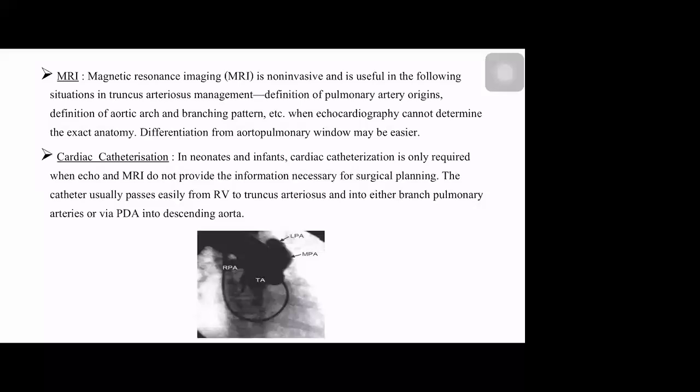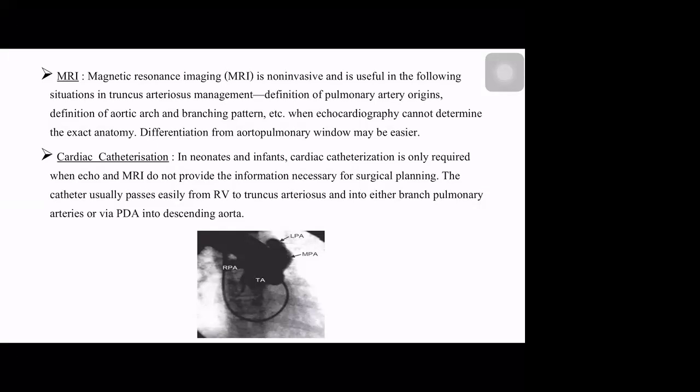Coming to the MRI, MRI is non-invasive and it will be useful in the following situation: when the echocardiography findings cannot determine the exact anatomy in detail, and there is difficulty in differentiation from the aortopulmonary window, the MRI will be helpful.